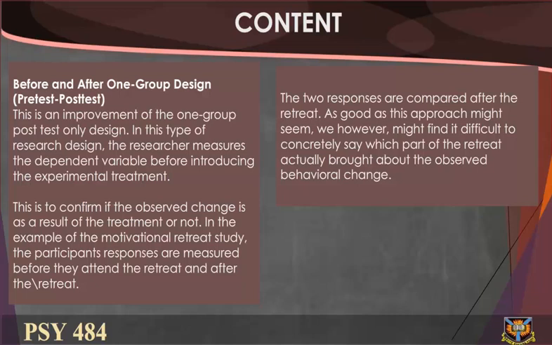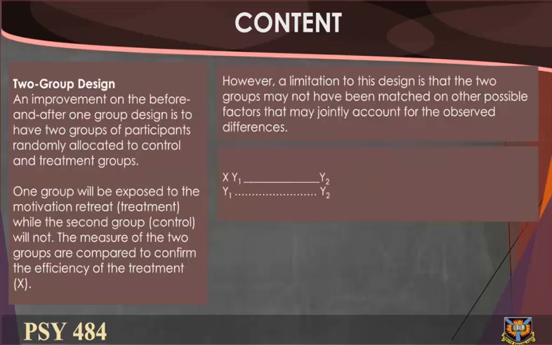In the example of the motivational retreat study, the participants' responses are measured before they attend the retreat and after the retreat. The two responses are compared after the retreat. As good as this approach might seem, we however might find it difficult to concretely say which part of the retreat actually brought about the observed behavioral change.